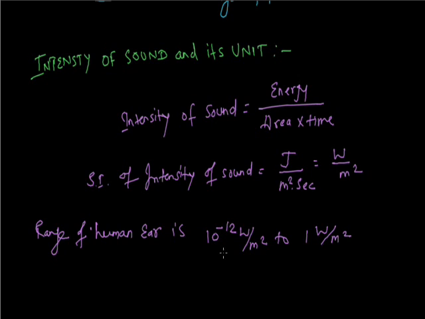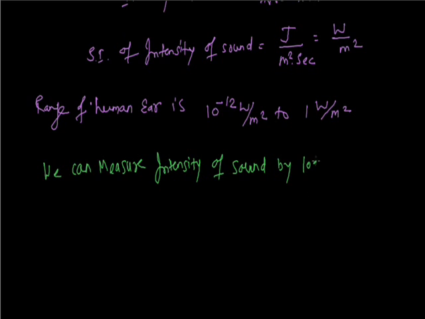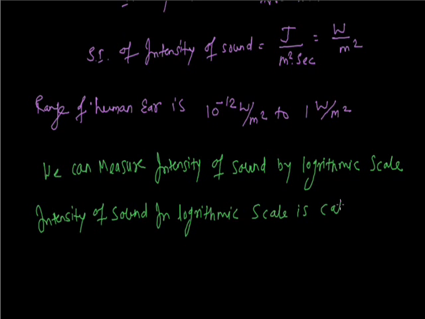The minimum intensity to hear is 10 to the power minus 12 and the maximum is 1 watt per meter square. So to measure the intensity of sound we can use a different scale, the logarithmic scale. The intensity of sound in the logarithmic scale is called sound level.